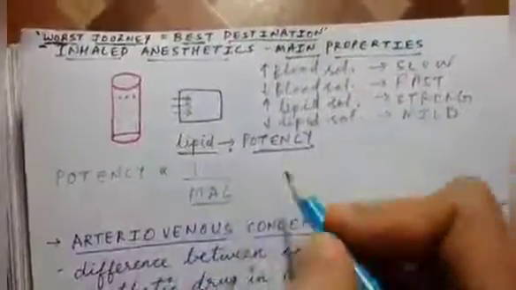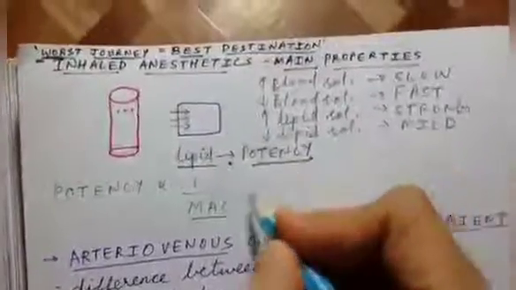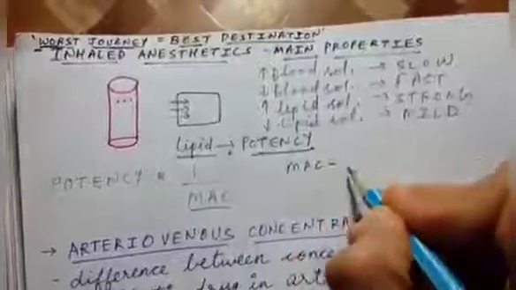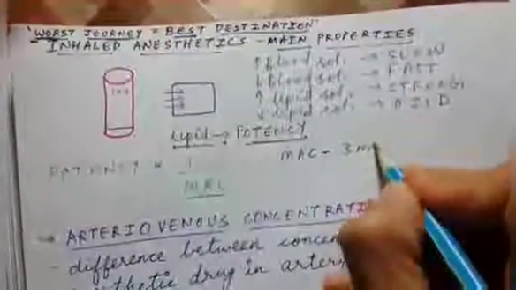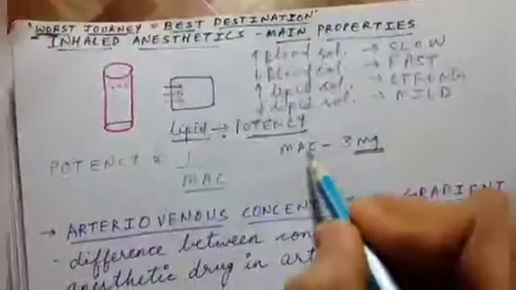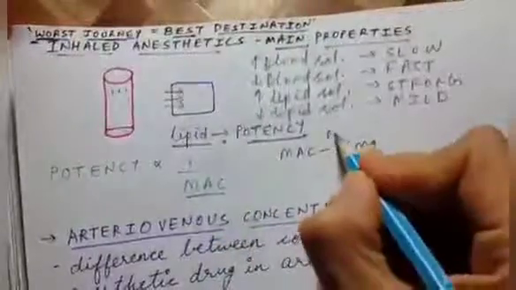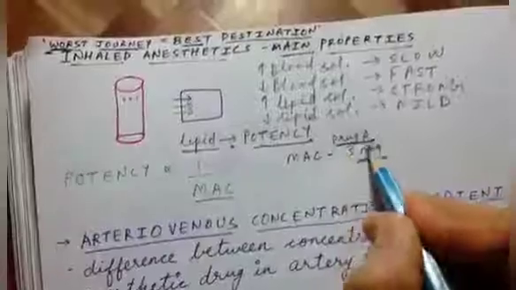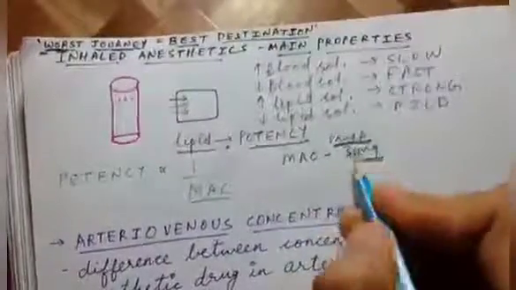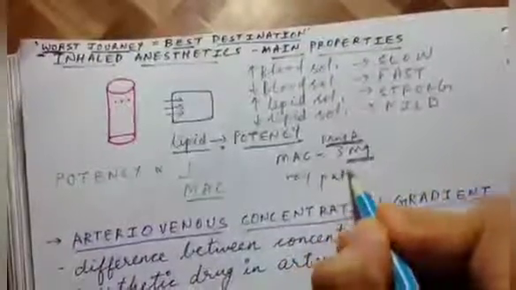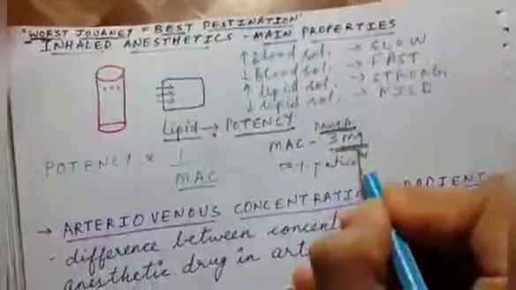Let's say the minimal alveolar concentration of one drug is 3 milligram. Obviously this is a fake unit, just for your understanding purpose. Let's say it is drug A. Drug A produces its effect in 50% of patients at a concentration of 3 milligram.